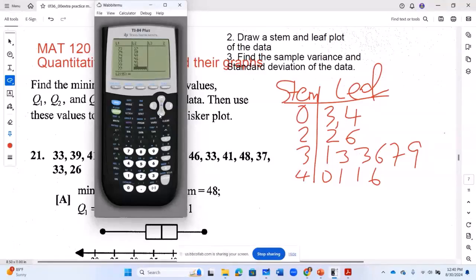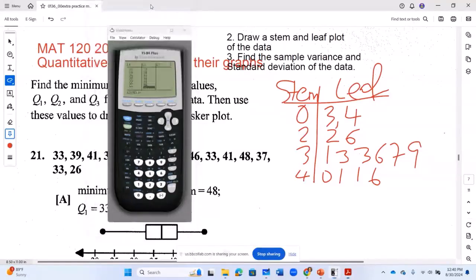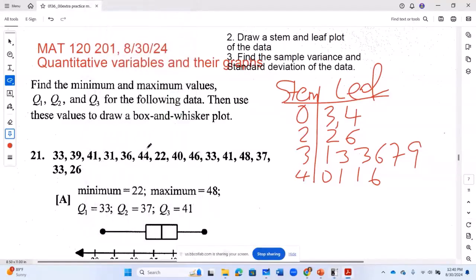So when you arrange data in a stem and leaf plot, when you eyeball it, it's easier to manage. The data is easier to read, much easier than the raw data given to me. So the first thing I did is put the data in L2, sort the data in ascending order, and then construct a stem and leaf plot.